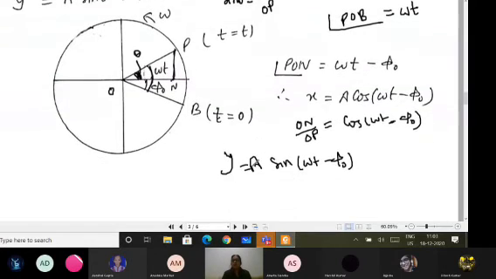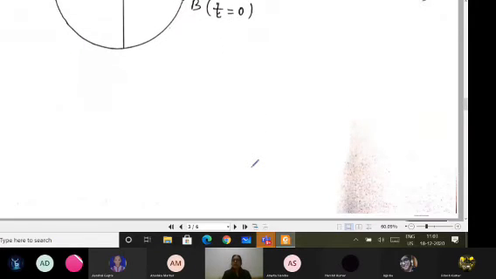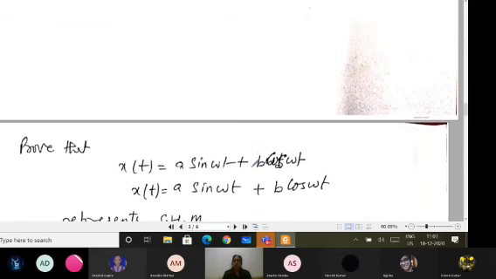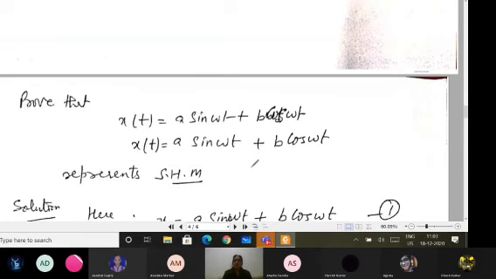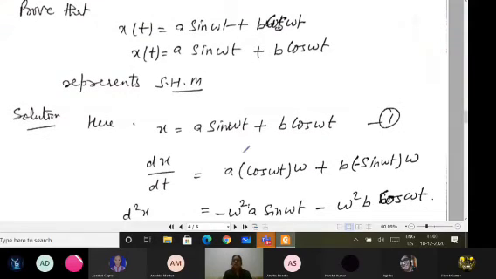Once you are able to write the equation for SHM, then of course we can find the velocity and acceleration also. This is a simple question I have taken, as we discussed in the previous class from the Fourier theorem: if I have the displacement x written as A sine omega t plus B cos omega t, then it represents simple harmonic motion.